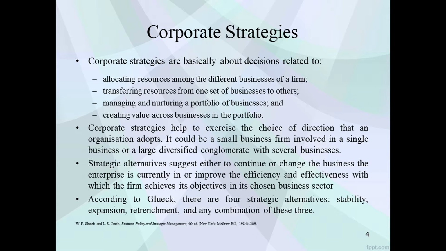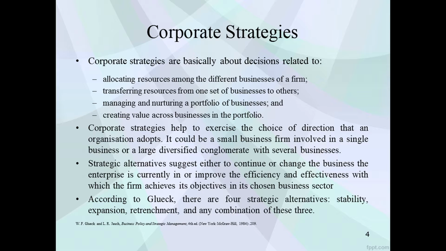The ultimate objective is that the firm attains the mission, objectives, and the various goals that they have set up. Now, strategy professor Glueck has identified 4 strategic alternatives: stability, expansion, and retrenchment, pursued either independently or as a combination.